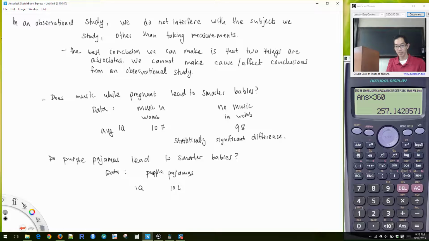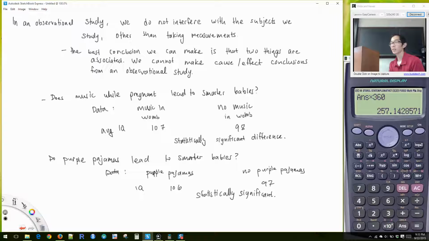Maybe 106 versus no purple pajamas, maybe 97 or something like that. Again, statistically significant. And we can look at this and say, well, that's silly. How can purple pajamas be causing intelligence?